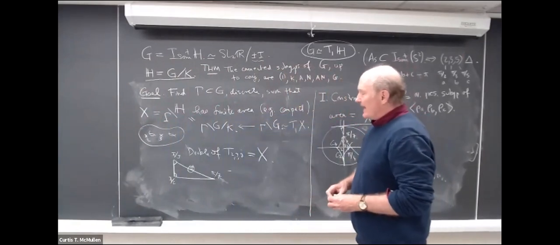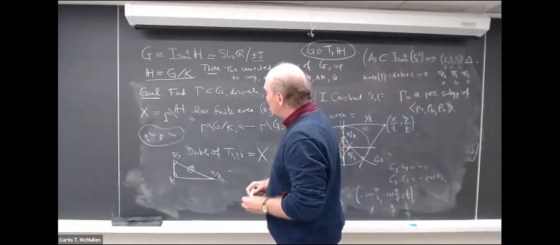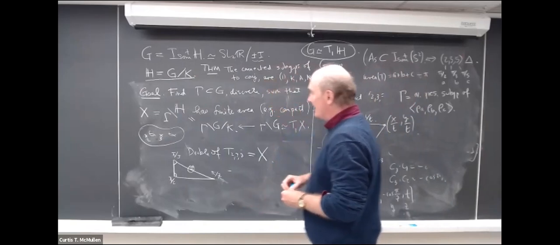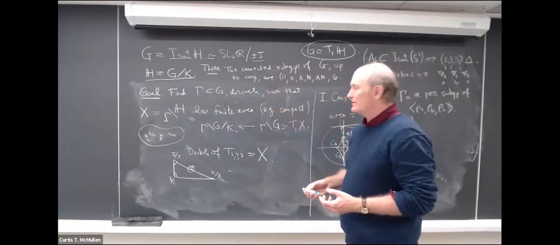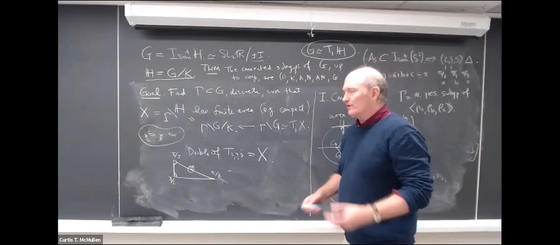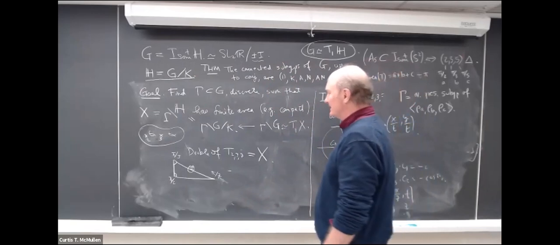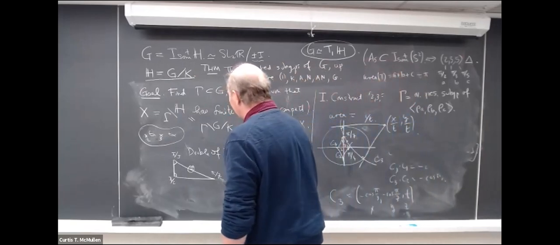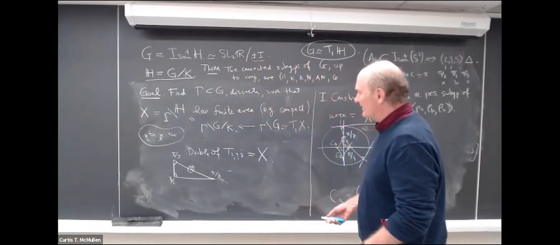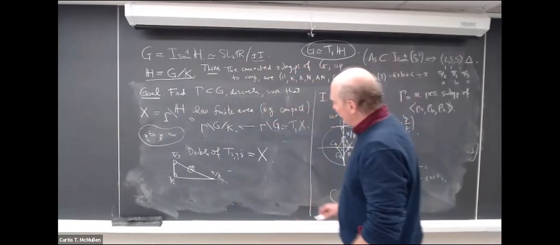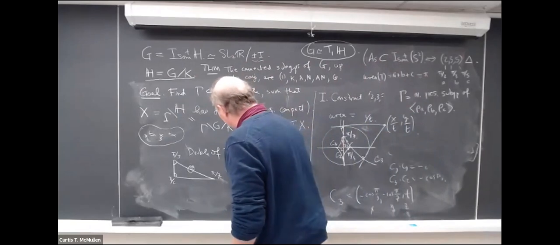Now you might say, all well and good, but I really don't like these orbifolds. Could you please give me a good old manifold? This is a ridiculous example of a hyperbolic surface. It's not even a surface. And that's a good objection.